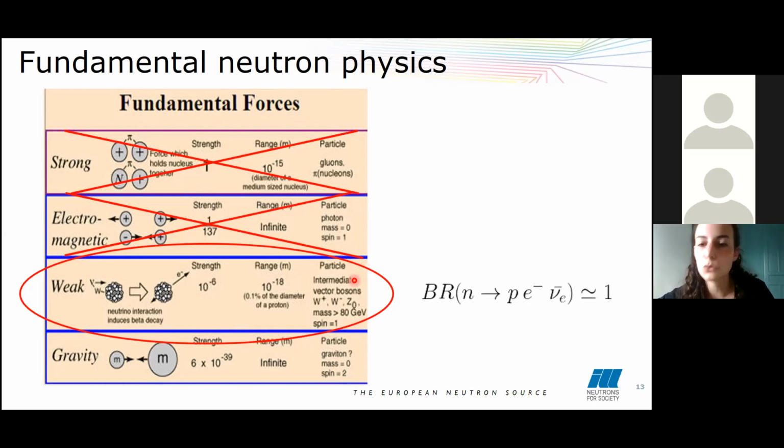So it means that the neutron, as far as we know, decays 100% of the time into a proton, an electron, and a neutrino. And this is experimentally really good, because it gives you the best statistics. Otherwise, there are also other decays that could be studied, but experimentally, the experiment is limited by a really small branching ratio.